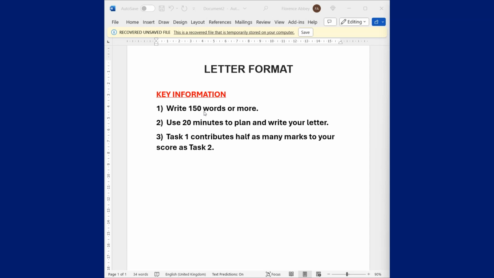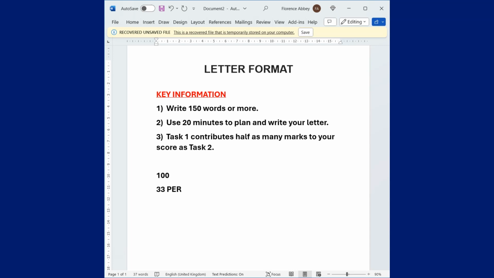Okay, and on the test day, they expect you to also use at most 20 minutes to plan and write your essay. Don't spend too much time on the Writing Task 1, because the Writing Task 1 contributes half as many marks of your writing score as the Task 2. That means that if they are calculating the Writing Task 1 to the Writing Task 2, if the max is 100%, which is what you'll be getting, the Writing Task 1 forms just 33%.